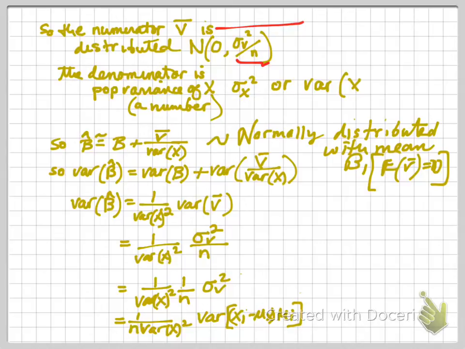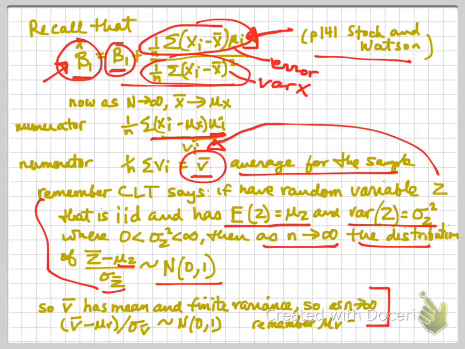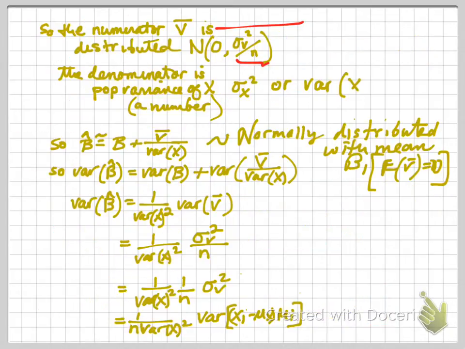Now if we go back to our expression, we had the numerator, which we've just been looking at, and then we had the denominator, which was just the variance of x. The variance of x is just a number. So we come back to beta hat is equal to beta plus v bar divided by the variance of x. And remember that I've substituted in the population mean of mu x here, so that's why it's approximate as n gets large.